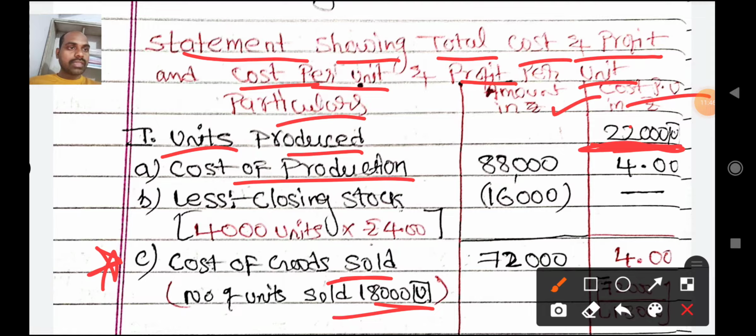So for 88,000 cost of production is given in the question, 88,000 divided by 22,000, it will be 4 rupees per unit. Less closing stock, ये भूलना नहीं, ये यही मेन चीज़ है.